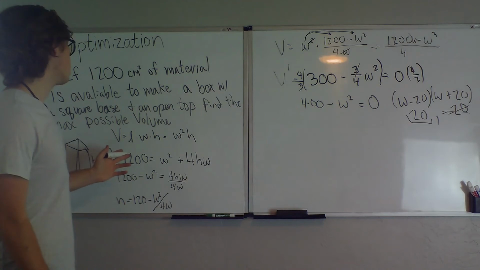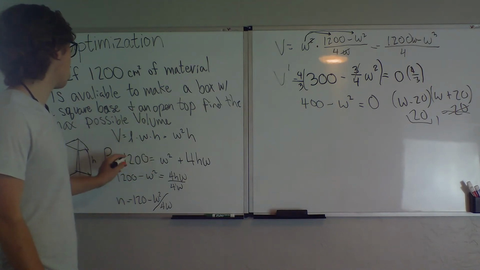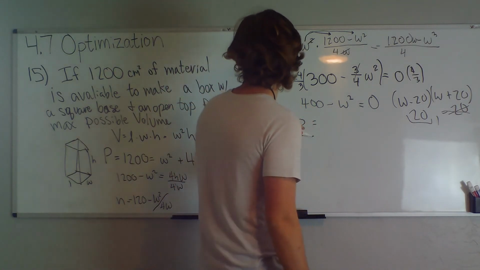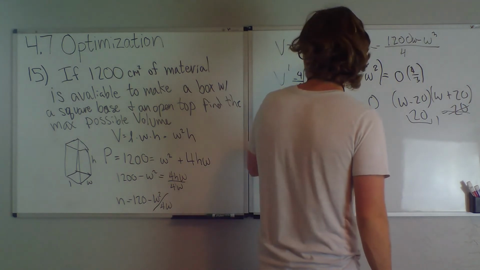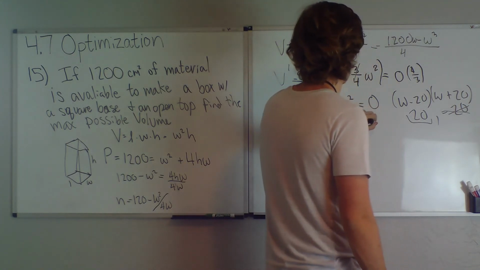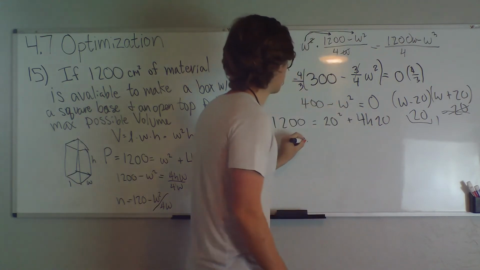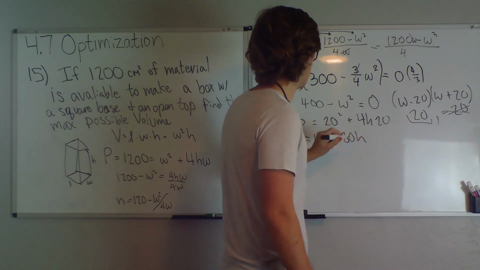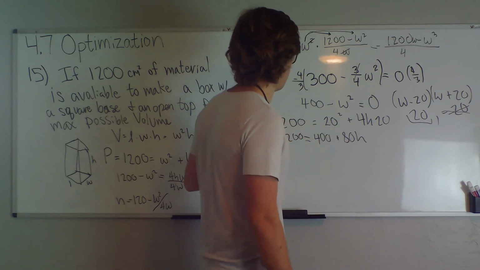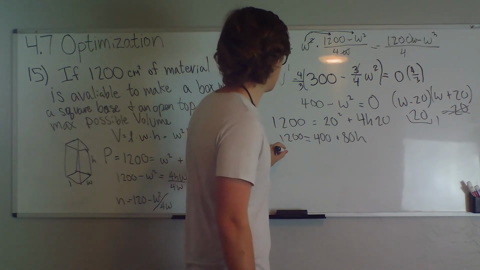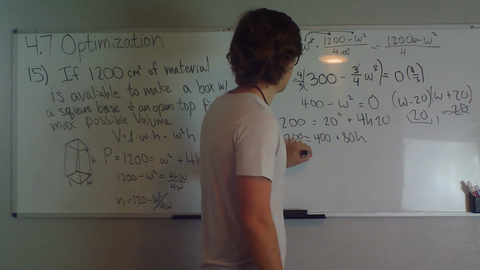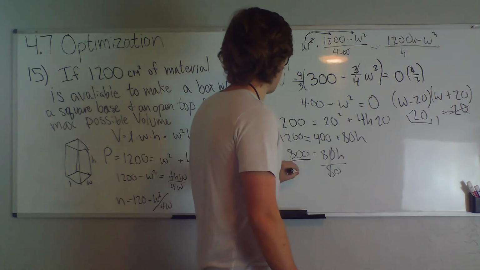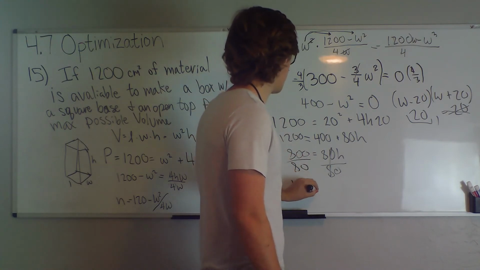We plug it into our surface area function, because we know 1200 is now equal to 20 squared plus 4H times 20, which is equal to 400 plus 80H. Then we subtract 400 from 1200, we get 800 is equal to 80H, divide by 80, we get H is equal to 10.